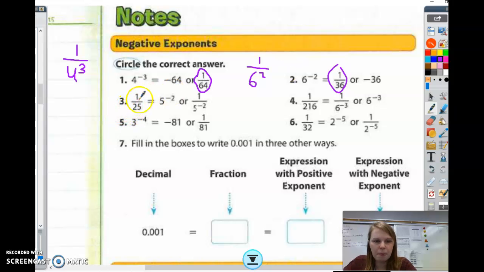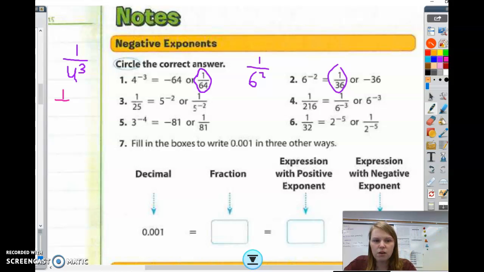Let's do another one. 1 over 25. This would be the same as, I'm going to switch colors on us here. So let's do pink. So 1 over 25 would be the same as saying 1 over what times what? What's the square root of 25? In other words, what number times itself gives us 25?